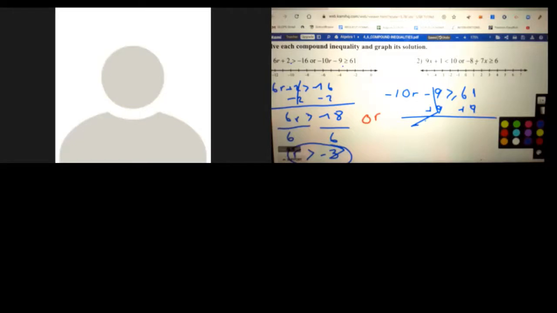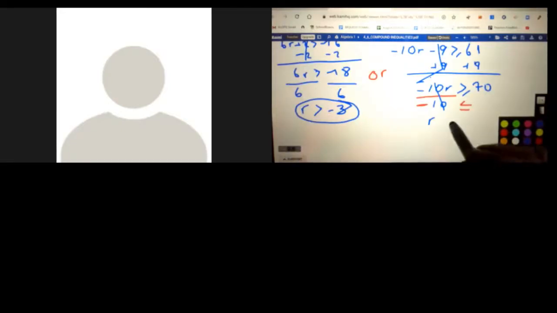It's the touchscreen. So negative 10r greater than or equal to 61 plus 9, 70. Now I'm dividing by negative 10. Because of that, the sign will now flip. And now I have r less than or equal to negative 7. Circle this. Now let's go to the graph.